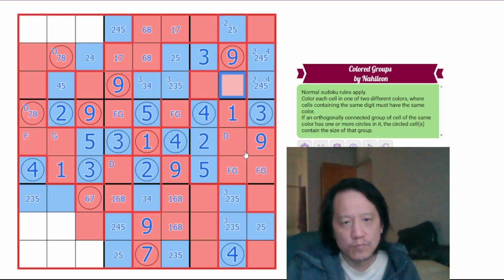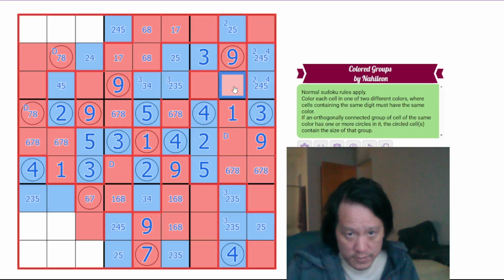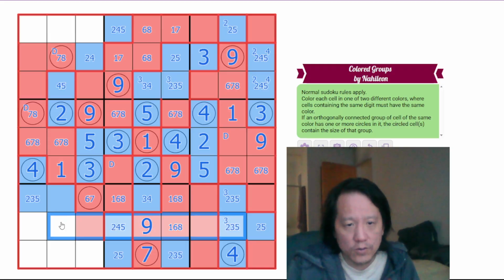Okay, so let's just remove F and G. It's not very helpful. D is helpful, but okay, so 6, 7, 8 in each of these. 9 cannot be here.